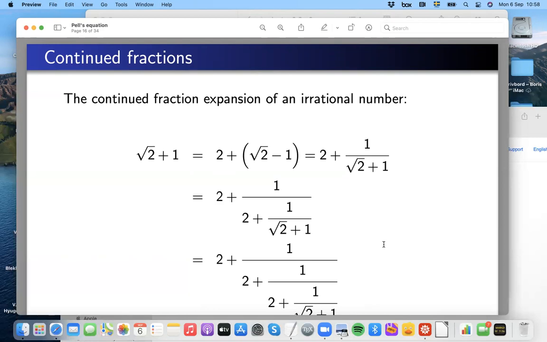Okay, so here I want to mention that for usual rational numbers, this continued fraction decomposition will always finish. It will be a finite sequence. This is never the case for irrational numbers. For irrational numbers, you will always get an infinite sequence of positive integers that they correspond to.